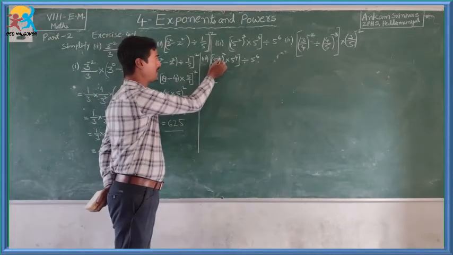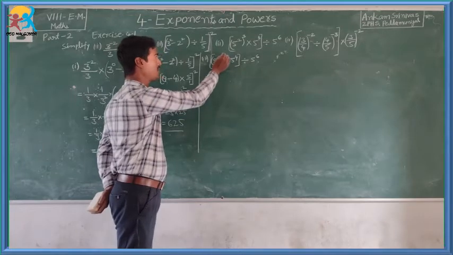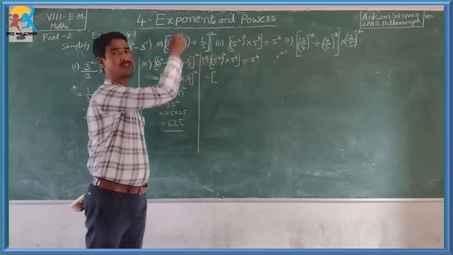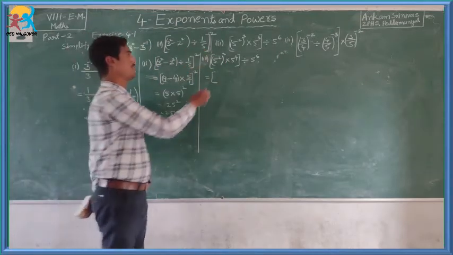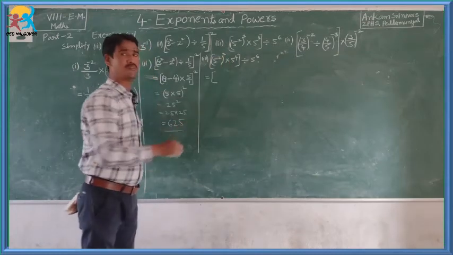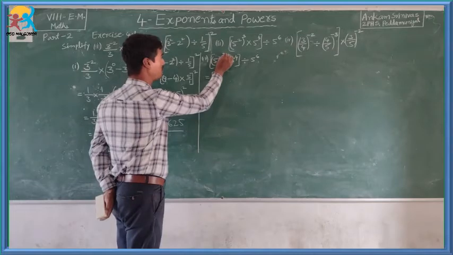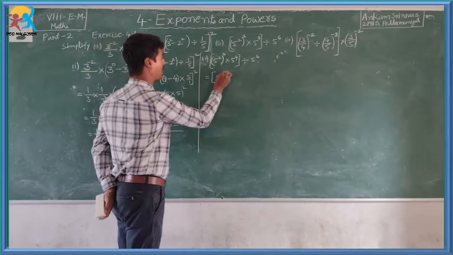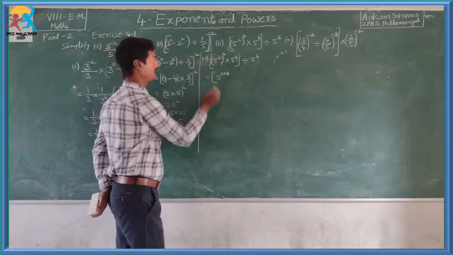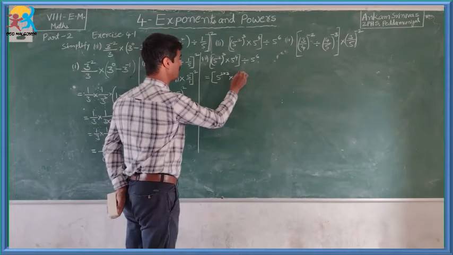Here 5 power 2, this is the power, whole power to 3. That means 5 square whole to the power of 3. When you have an exponent to the power, the exponents should be multiplied. So 5 power 2 3s are 6, so I am going to write 2 into 3, 2 into 3 plus 5 power 4.